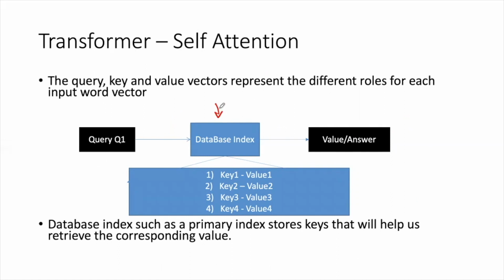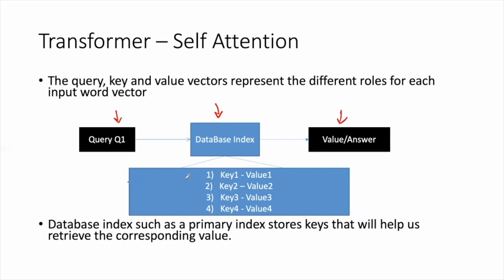We typically have a primary index, secondary index, etc. When we pose a query to the database system, it uses this database index to help fetch the value or the answer.